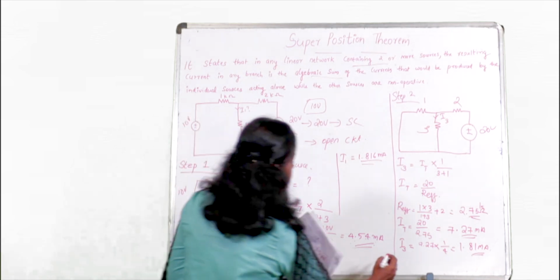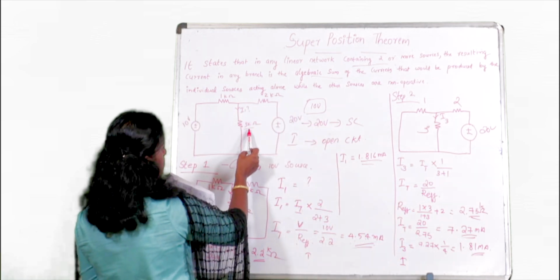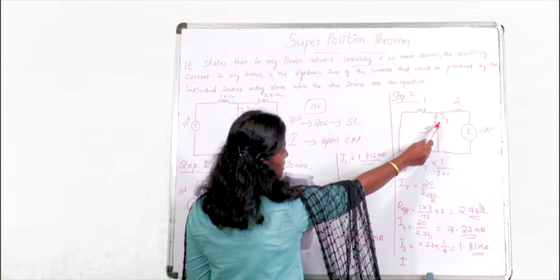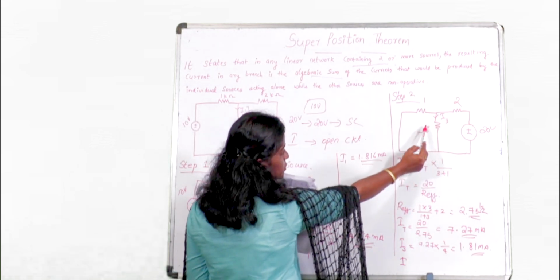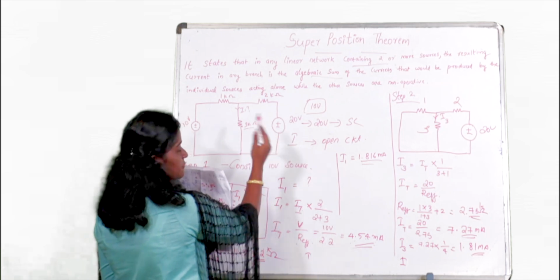So here we have to add both currents: the current flowing through 3 kilo ohm when the 10 volt source is acting, plus the current flowing through 3 kilo ohm when the 20 volt source is acting. So that will be the final answer.